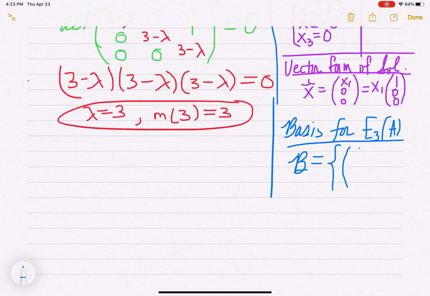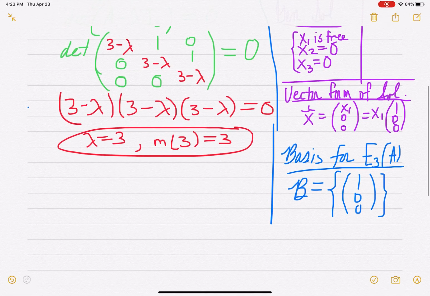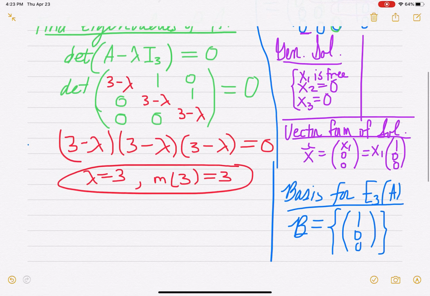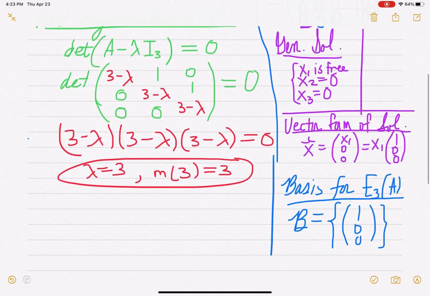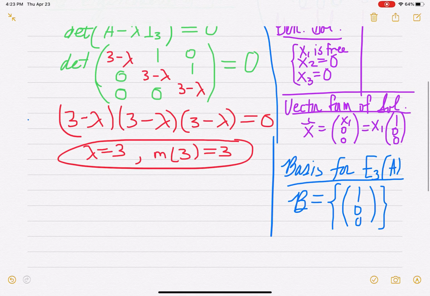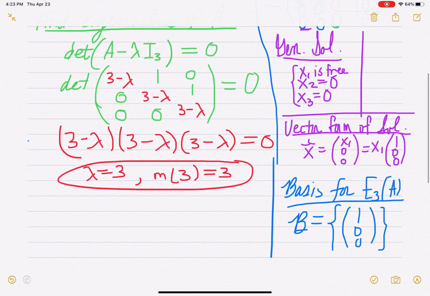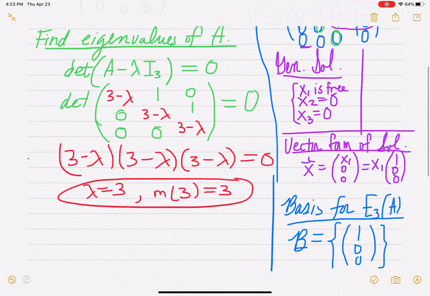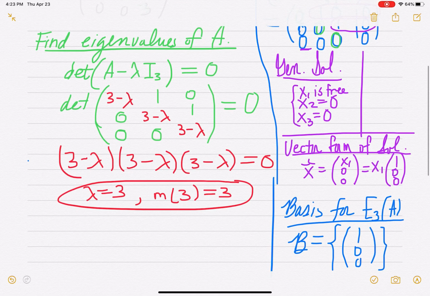It's just going to consist of one vector, 1, 0, 0. So that's the only basis that we have. We only have one eigenspace, right? The eigenspace associated with the eigenvalue 3 of A. We only have one linearly independent vector. Remember, when you're diagonalizing something, you need 3 linearly independent vectors.